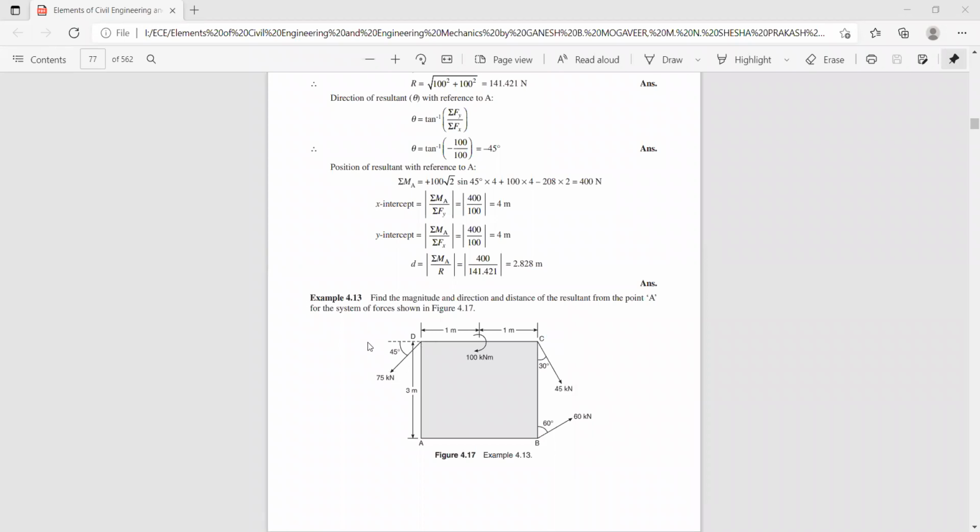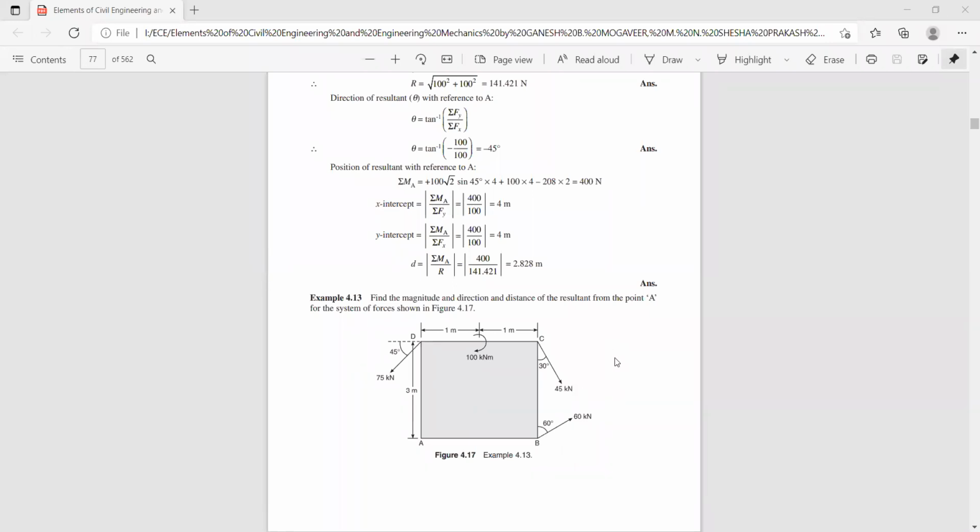Now again here it is making an angle 60 degree with respect to y-axis. Obviously it makes an angle 30 degree with respect to x-axis.